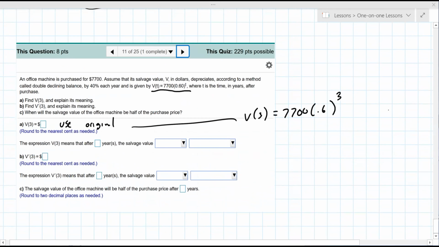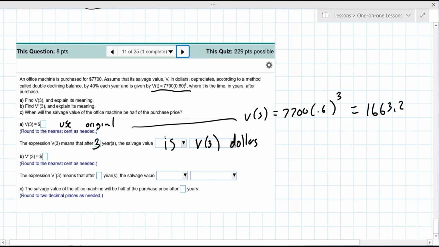We get that number, and that is 1663.2. That means after 3 years, we'll see what the drop downs are here. Salvage value is V of 3. Okay. It's weird. That's what it is.